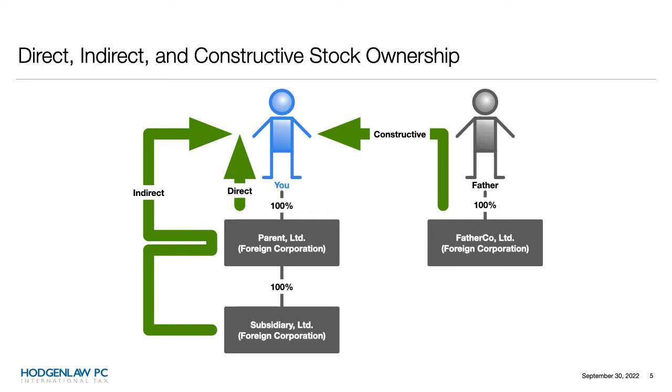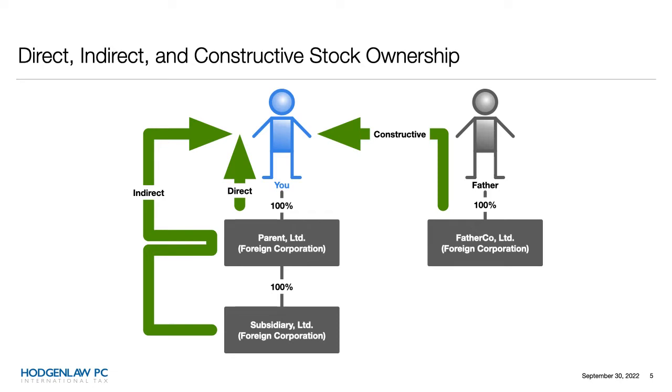Indirect ownership is through a chain of ownership: you own stock in the parent company, which owns stock of the subsidiary. Therefore, you have an indirect ownership interest in the subsidiary. The easiest real-world way to look at this is that you have an economic ownership interest in Subsidiary Limited by way of your stock ownership in the parent. So think in terms of indirect meaning an economic interest.